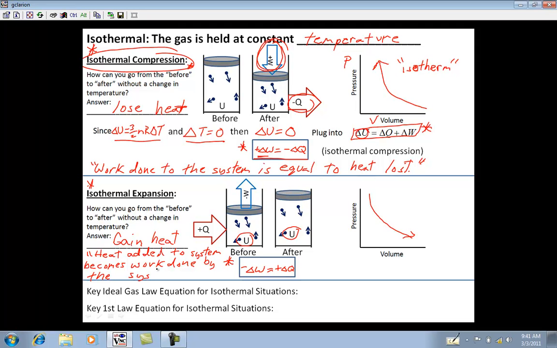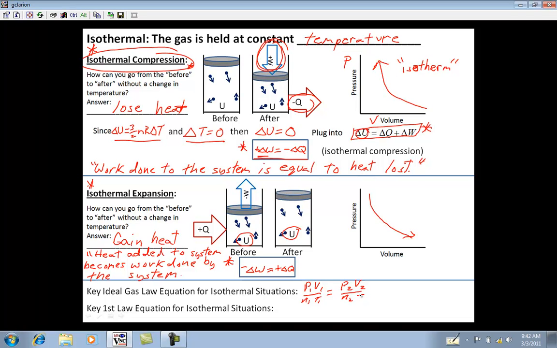Now for the isothermal situation, remember we've got this equation that I told you guys to be able to use. We've got P1 V1 over N1 T1, and that will equal P2 V2 over N2 T2.